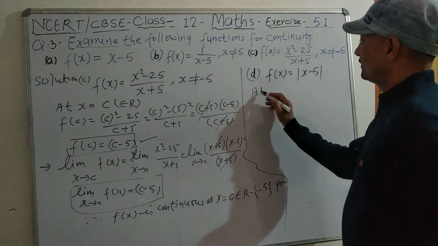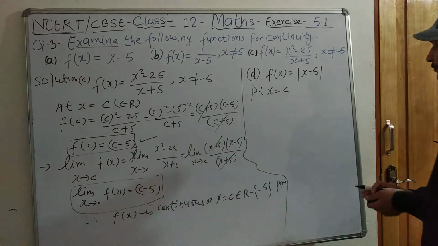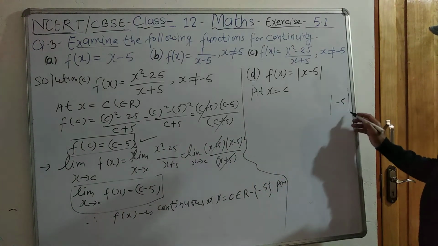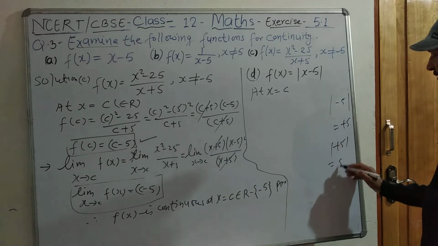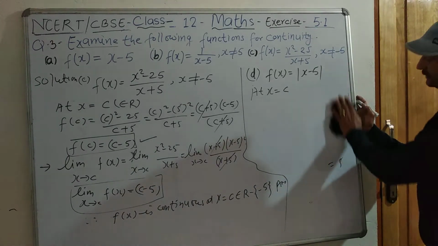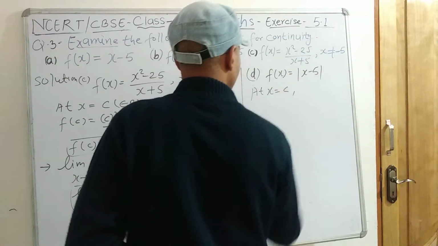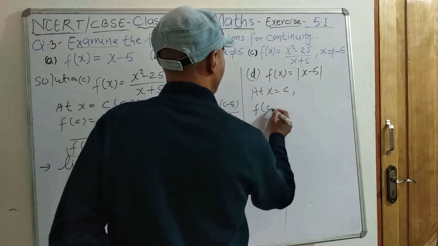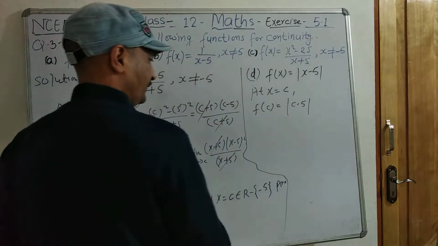So at x is equal to c, modulus means if we put any negative number, like minus 5, in the modulus, it becomes positive. If already positive, it stays positive. So it is a continuous function. At x is equal to c, f of c is equal to c minus 5.